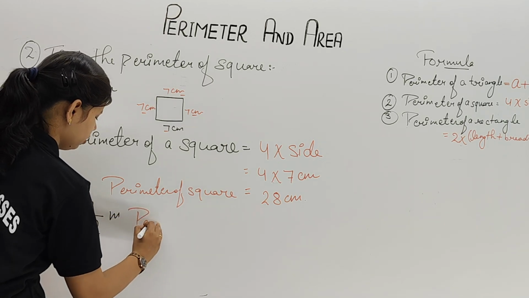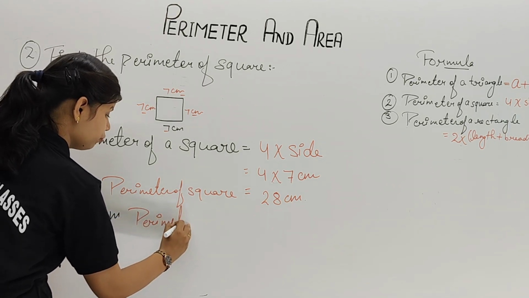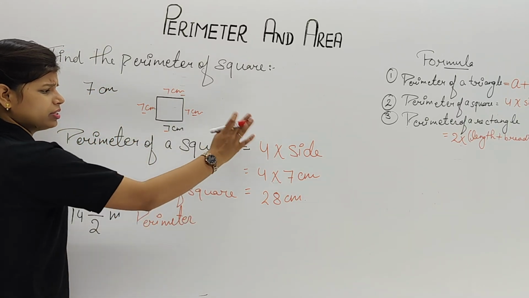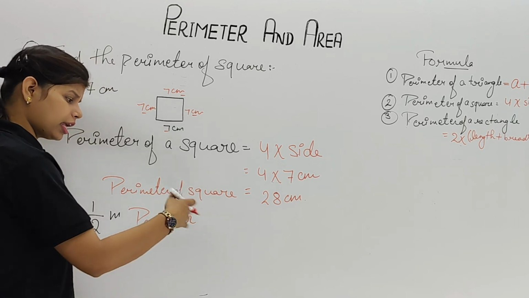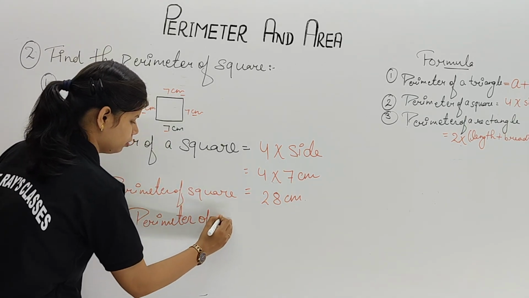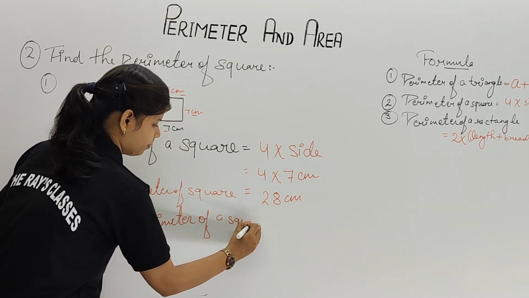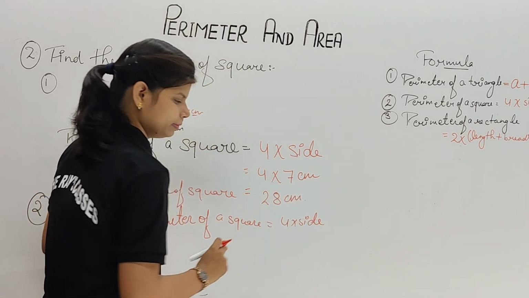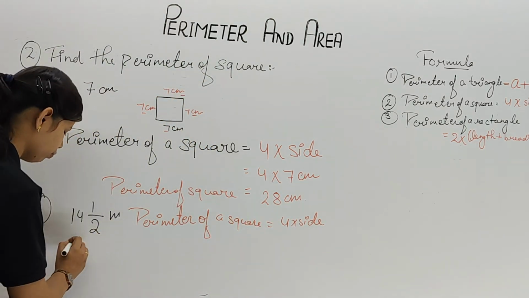Now what is the formula? Again and again you have to write this. Please don't be lazy thinking that once you have written the formula, again I will not write. Again and again you have to write the formula. Perimeter of a square equal to 4 multiplied by side. Clear? And your side is given what? 14 whole 1 upon 2.